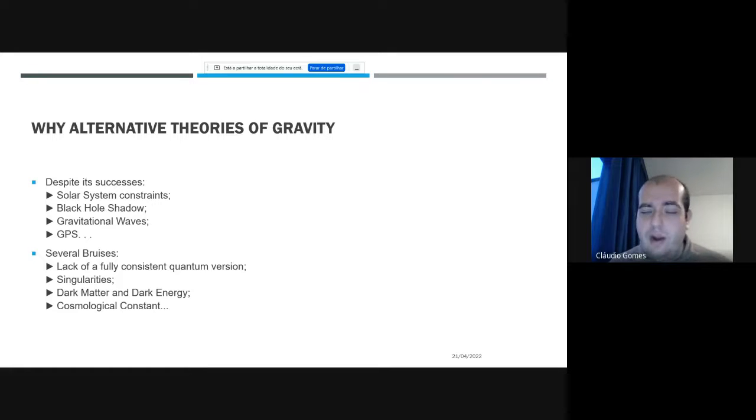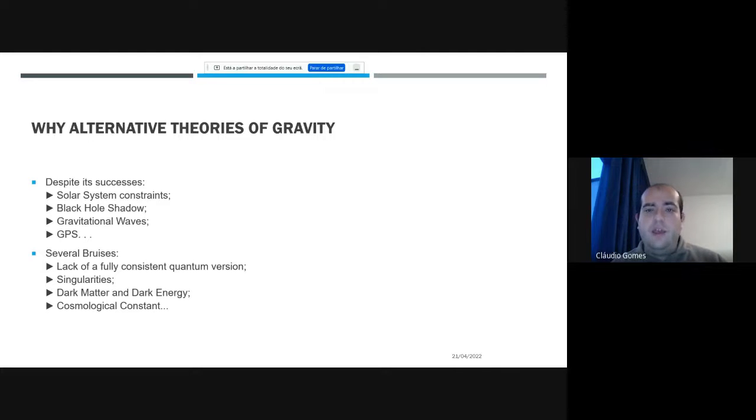So, despite the well-known successes of general relativity, for instance, at solar system level, the prediction of black holes, the recent observation of a black hole shadow, and even the prediction of gravitational waves, or even the common use of GPS, the global positioning system, general relativity has some serious problems that need to be solved.